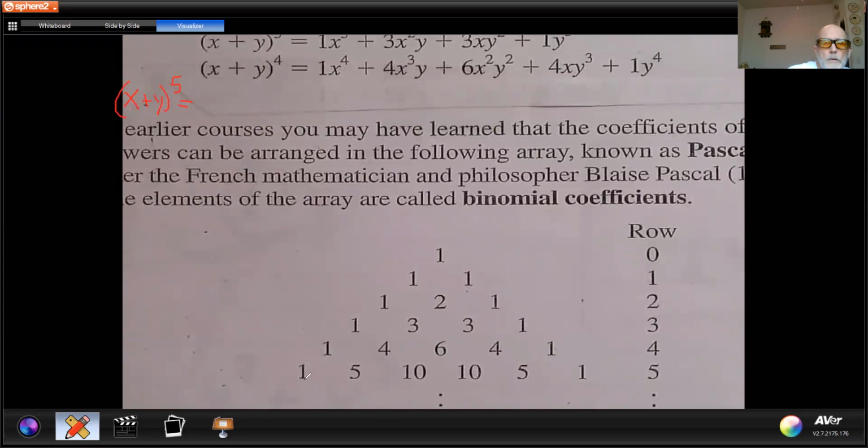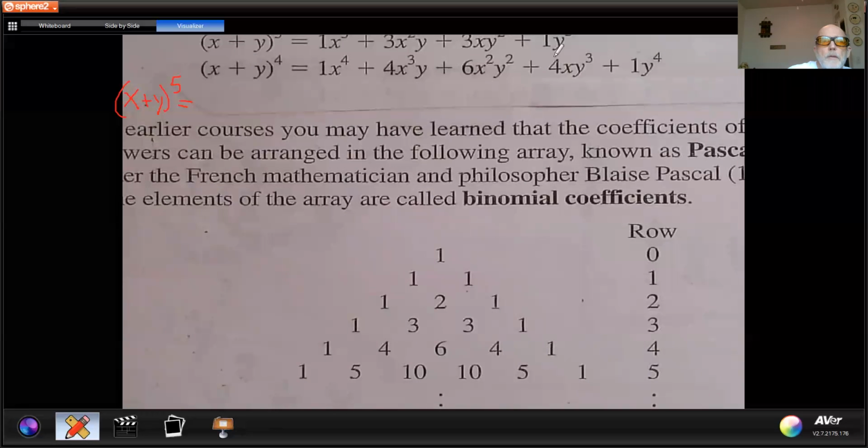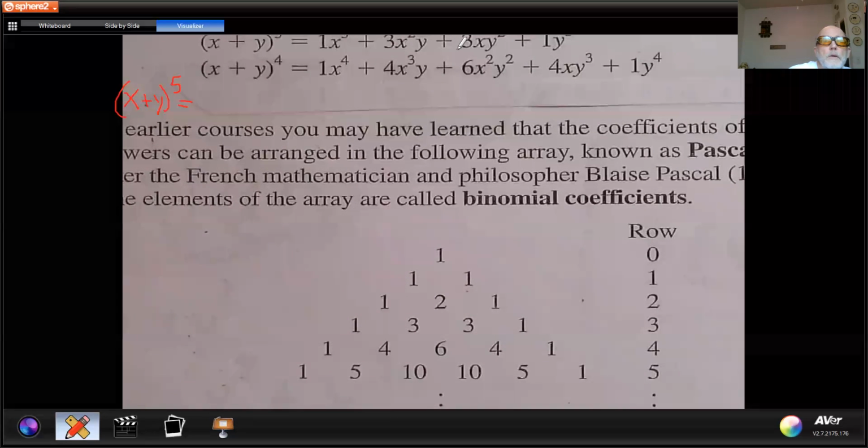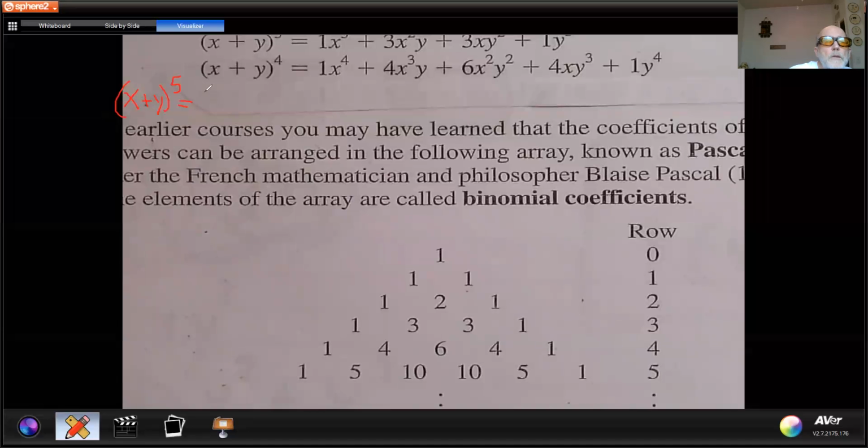Well, look, the very first one, let's move this out of the way, maybe. The very first one says you start with x only, then the x number goes down, continues to go down, and the y number goes up. So let's go back here and say, okay, I'm going to start with the x number, 1x to the power 5.